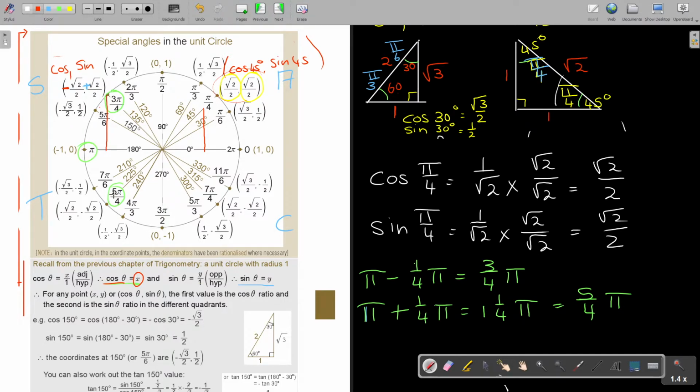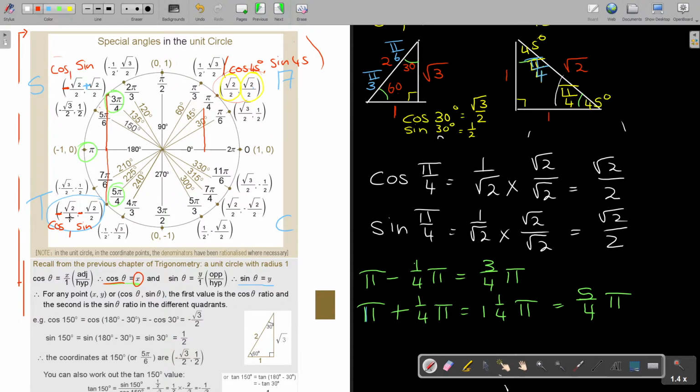It's exactly the same as there, but now you must think, in this quadrant, what is cos, what is sin? In this quadrant, both of them, because the only one that's positive is tan, are going to be negative. Did you see that?